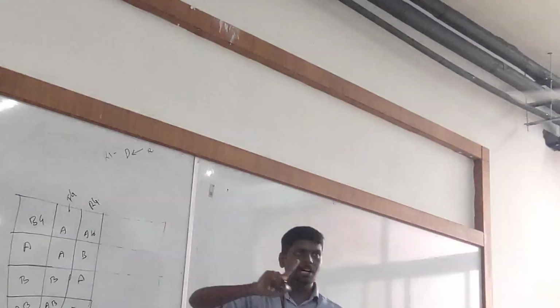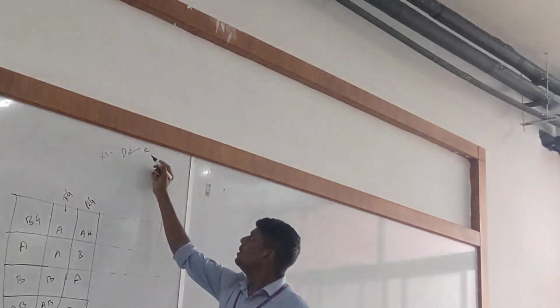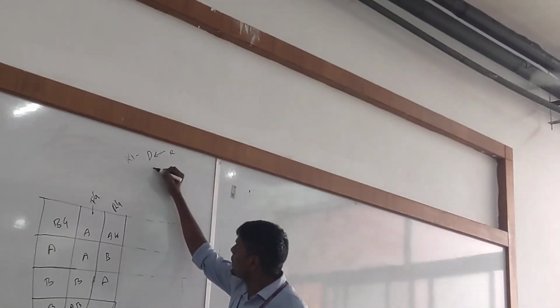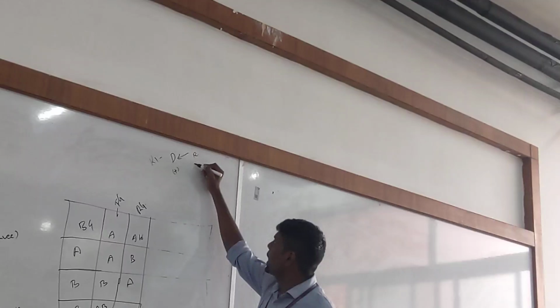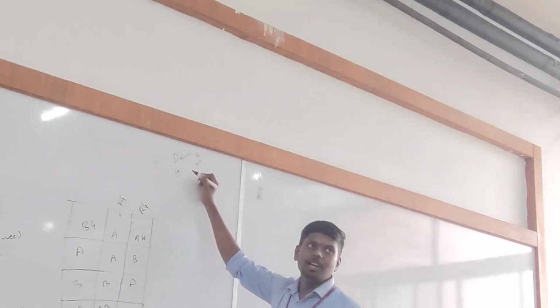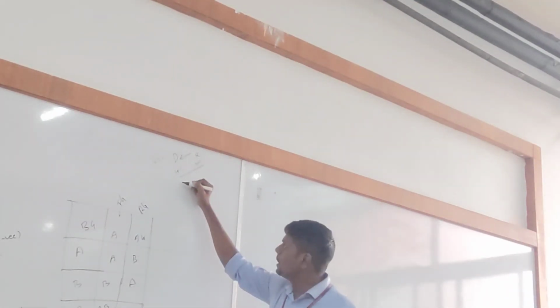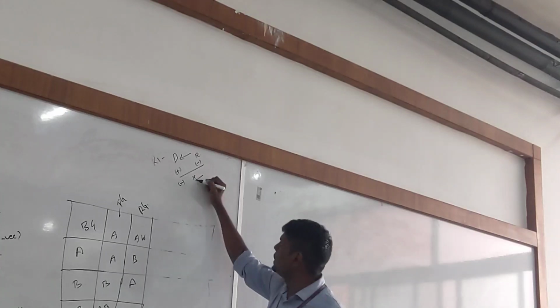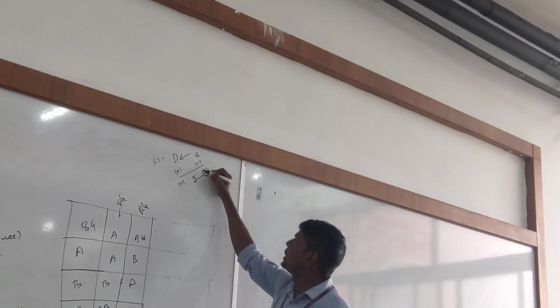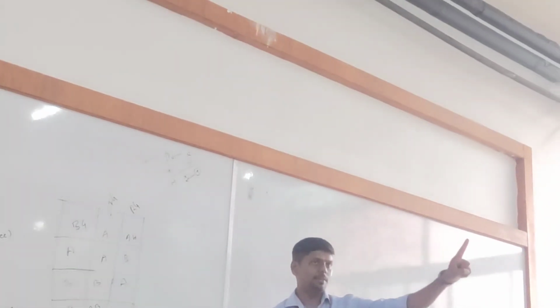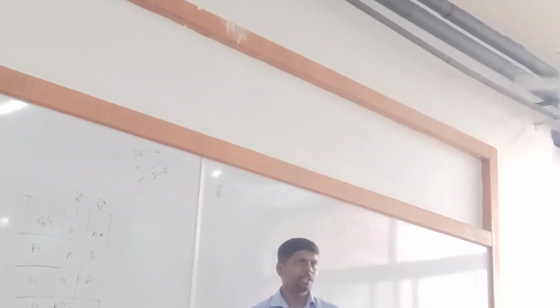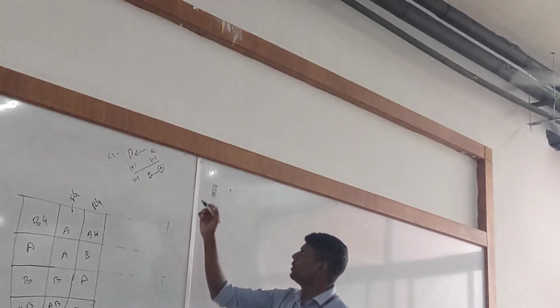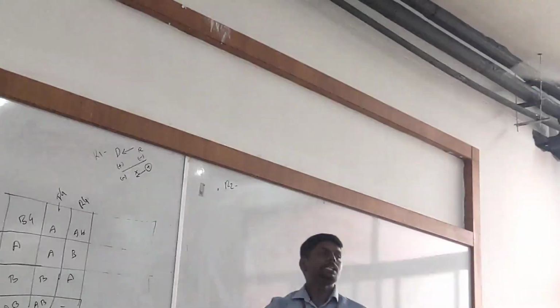Rule number 1 was, a positive group can receive negative blood, but at any cost, a negative individual should not receive positive blood. Rule number 1.